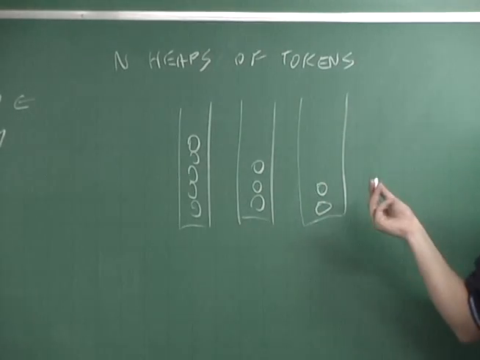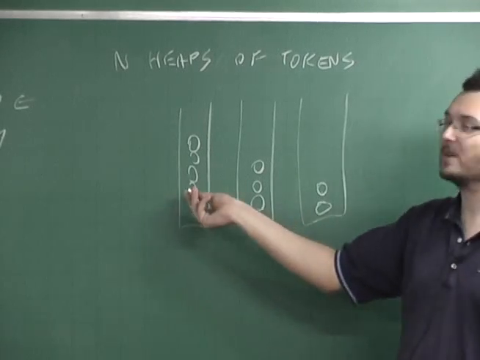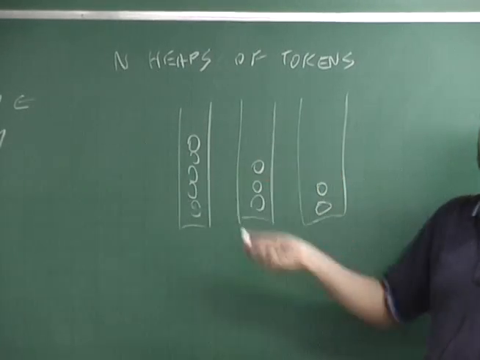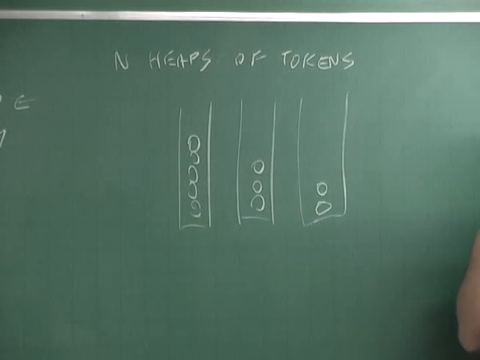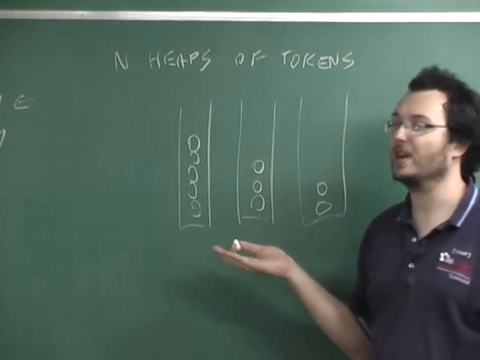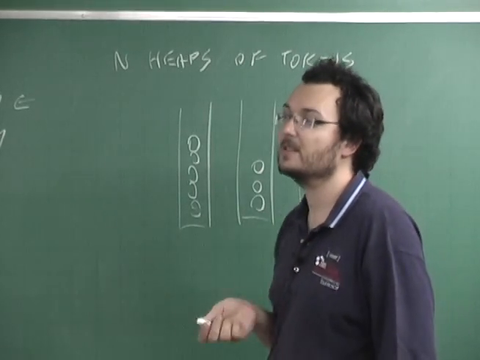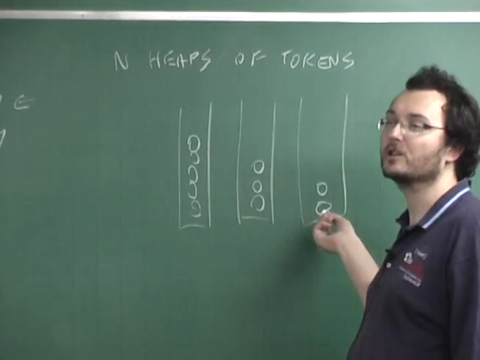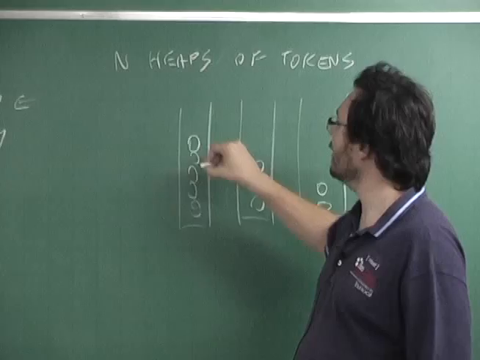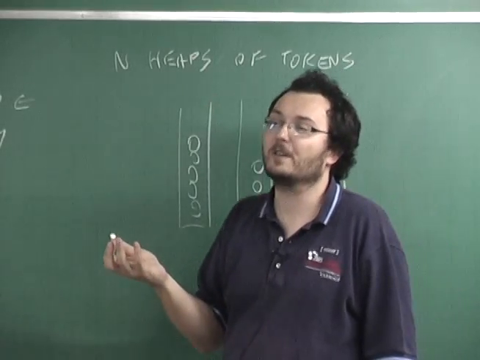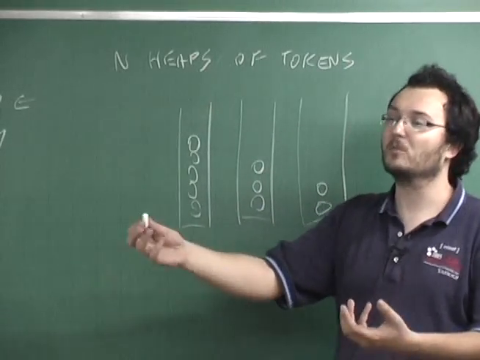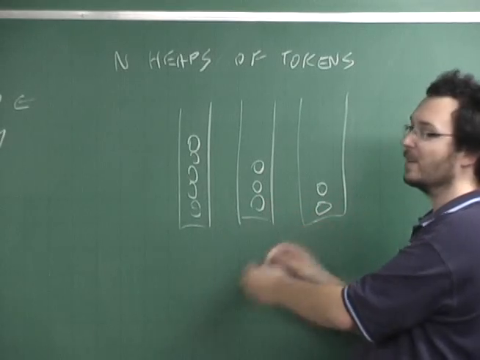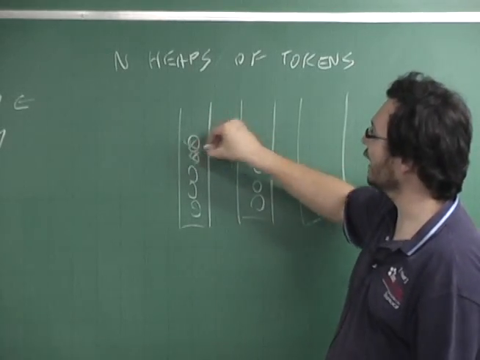And each of the moves consists of picking a heap and removing some number of tokens from the heap, at least one, but there are no other constraints. This is exactly the situation from the problem statement. The heaps are colors of the candies, and the number of tokens is the number of candies of the given color. So in order to make a move, you pick a color, and then you eat some of the candies.